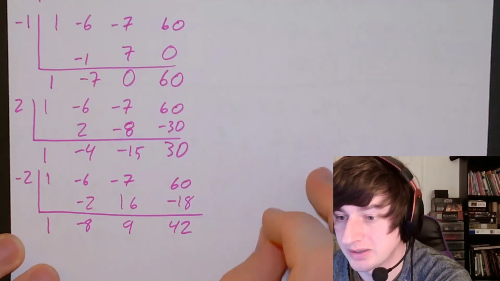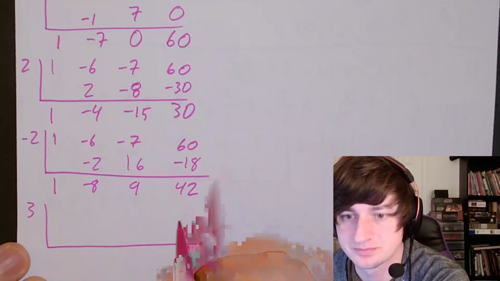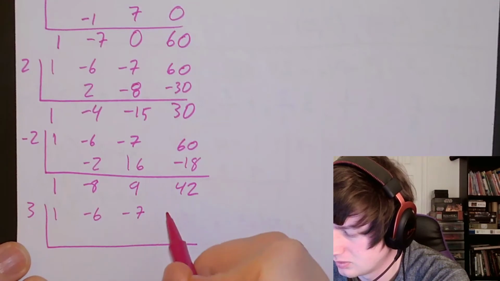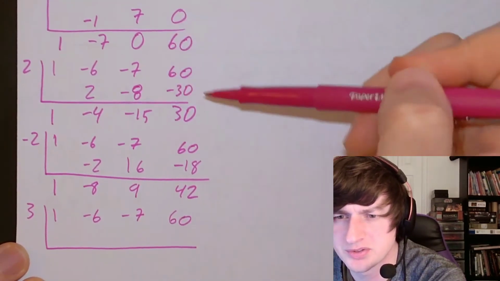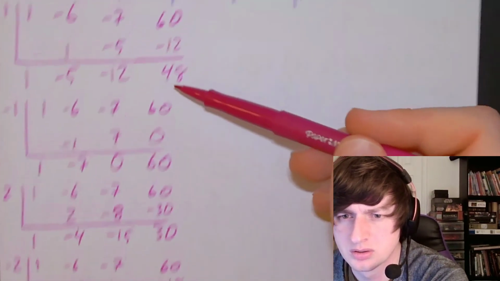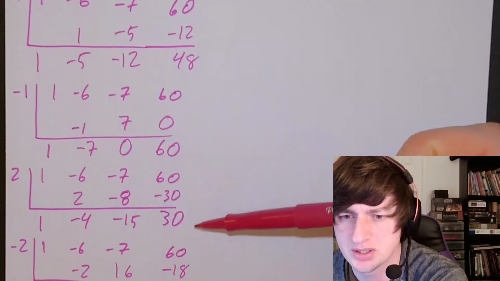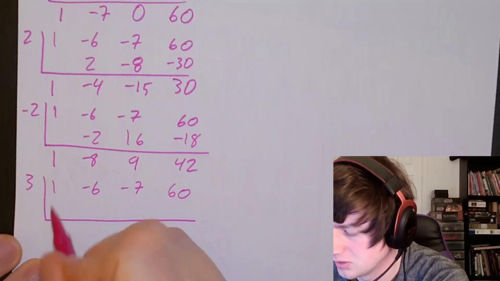So then we check 3. 1, negative 6, negative 7, 60. Now, our positive numbers here were 1 gave us 48, 2 gave us 30, and so I'm thinking that 3 will probably turn this to 0, but we'll have to see.